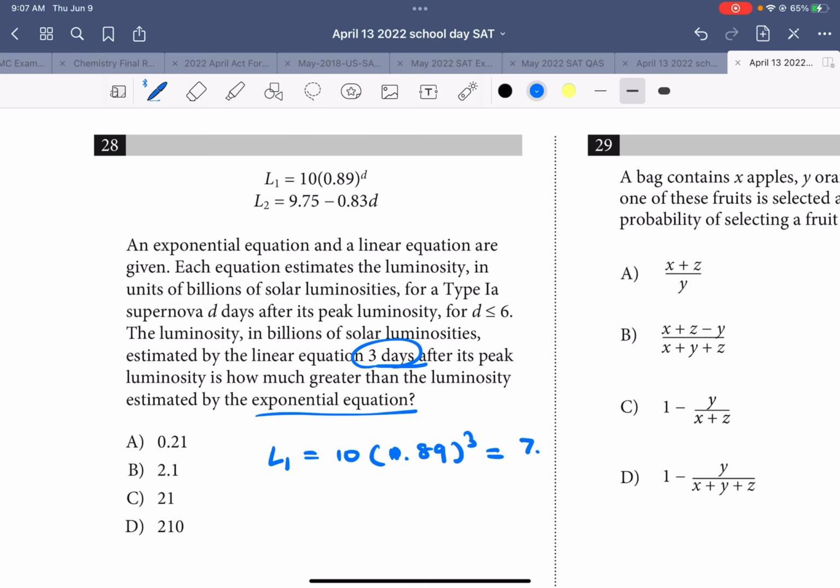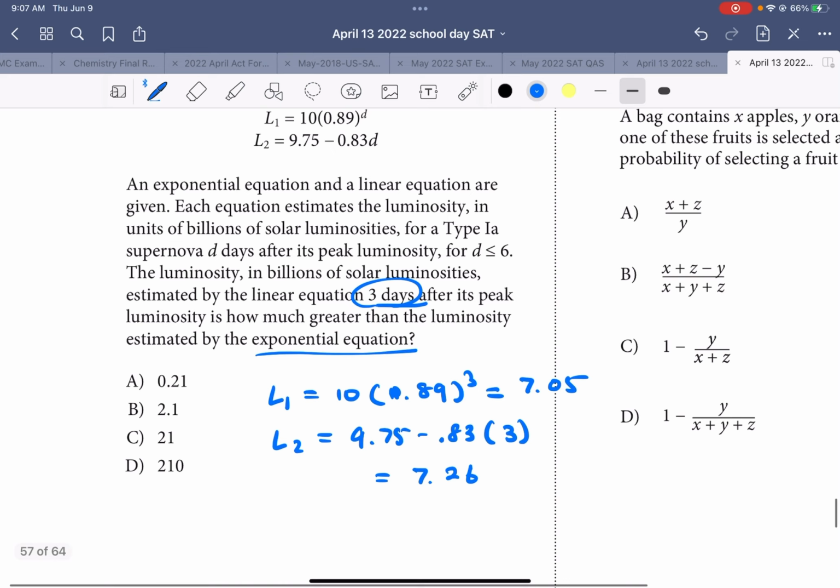I got around 7.05. Now the luminosity for linear: 9.75 minus 0.83 times 3 is 7.26.